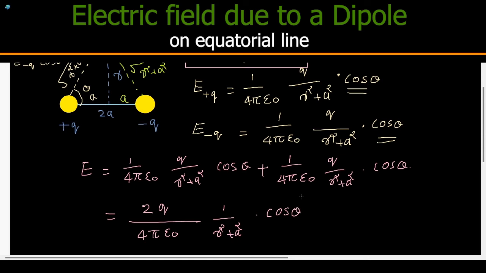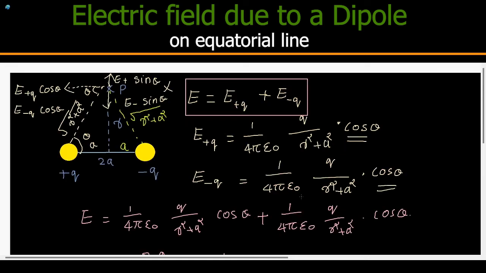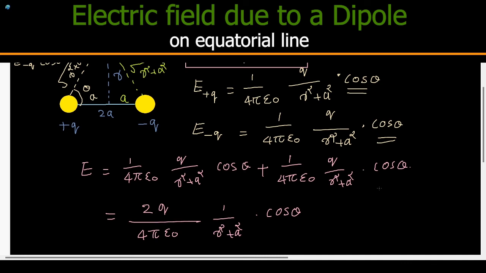So come back to the diagram. We can understand that if this is angle theta, cos theta will be adjacent side divided by hypotenuse. The adjacent side is a and the hypotenuse is root of r square plus a square. So the value of cos theta will be equal to a divided by root of r square plus a square.